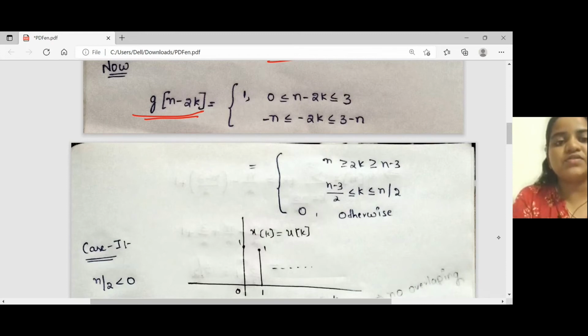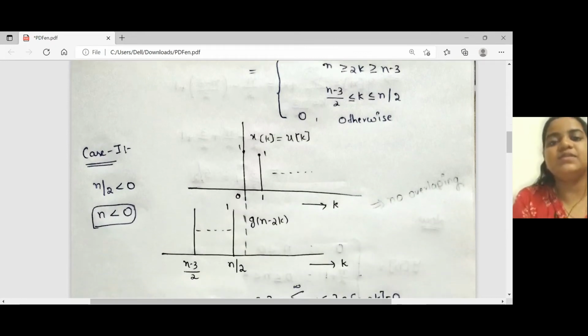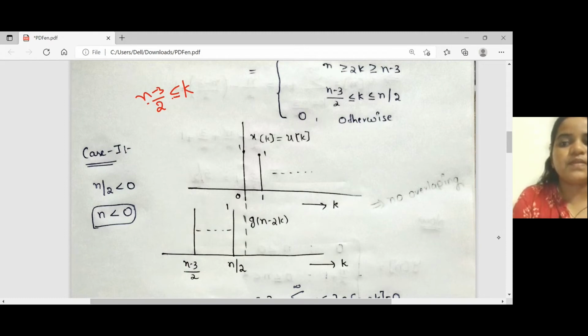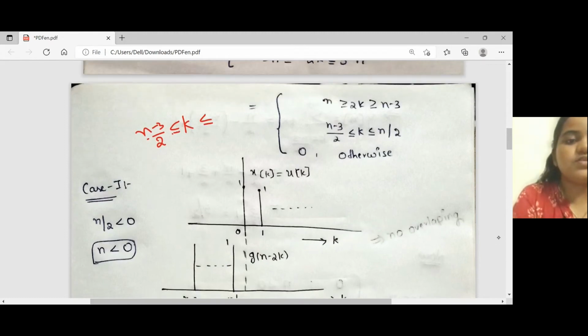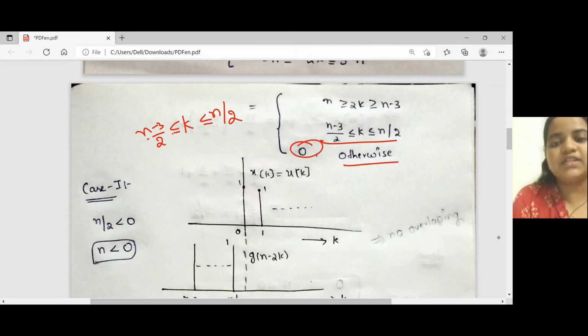Z of n minus 2k is equal to 1 when 0 is less than or equal to n minus 2k, less than or equal to 3. After simplifying the limits, we get n minus 3 divided by 2 less than or equal to k less than or equal to n by 2, and 0 in the other cases.